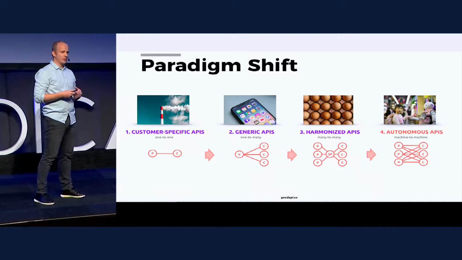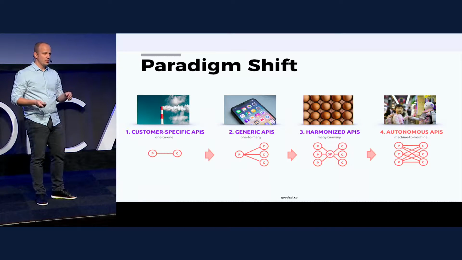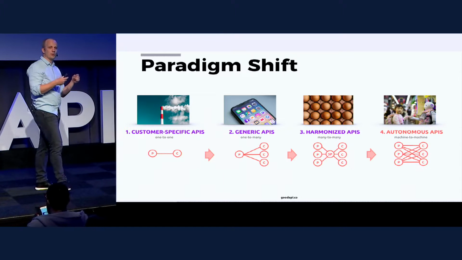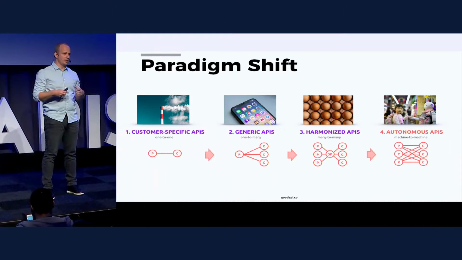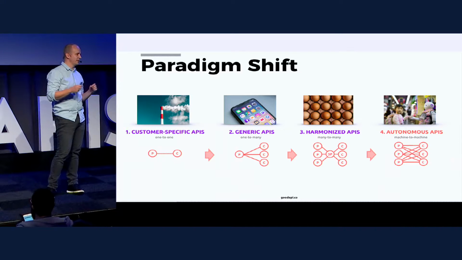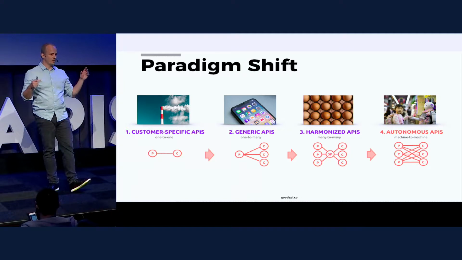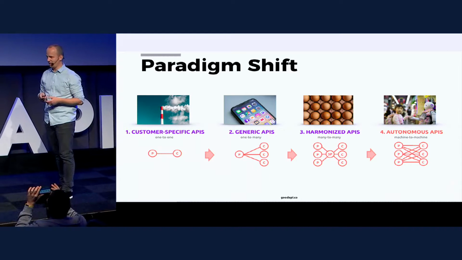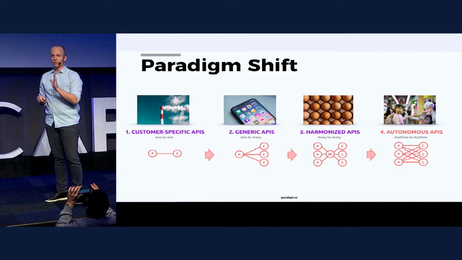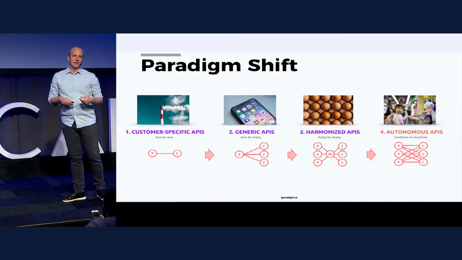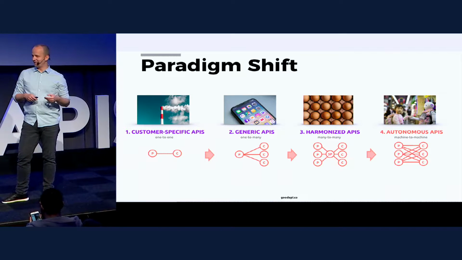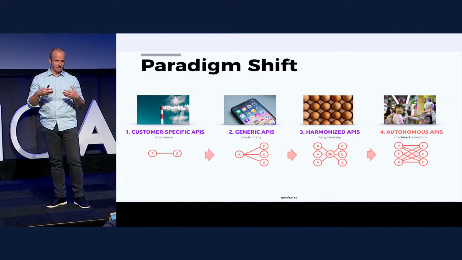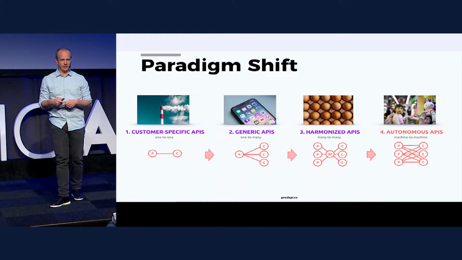This has to do with what I call a paradigm shift. Historically, at the inception of APIs, we were doing point-to-point integrations. You had a big enterprise, it partnered with somebody, they did a one-to-one integration, one provider, one consumer. That was about it. I call these customer-specific APIs. We moved towards more generic APIs, where providers realized that there is value in having multiple consumers consuming one interface instead of doing point-to-point.